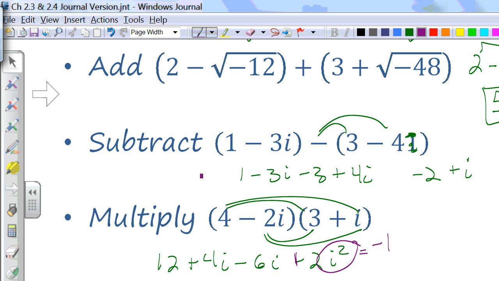What that does is change the sign of the number ahead of the symbol, ahead of the 2. So now I have 12 plus 2, so 14, minus 6i. There we go. That's the trick that you've got to watch out for, those i squareds.